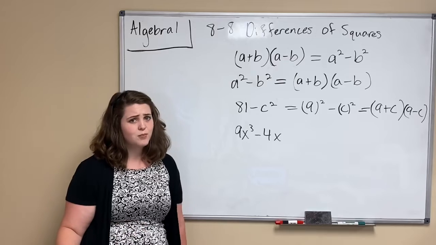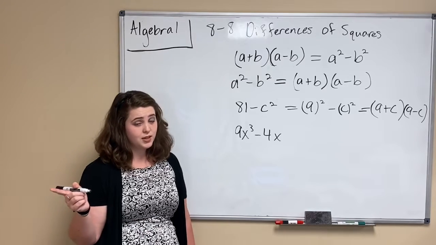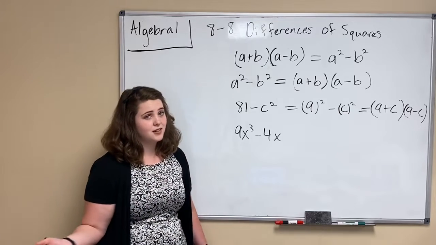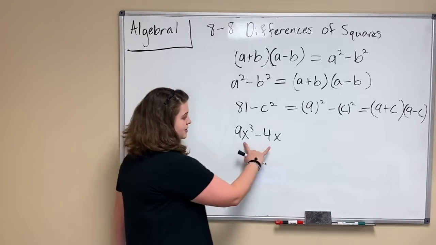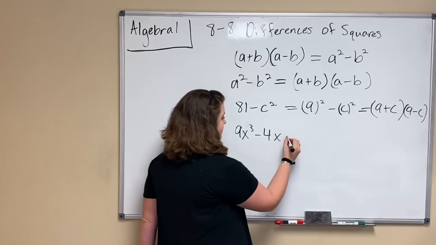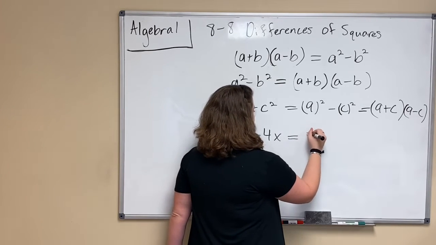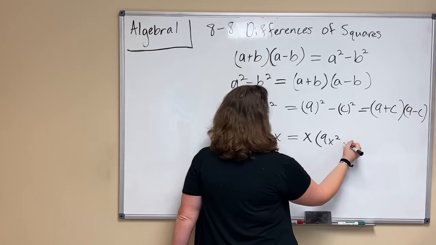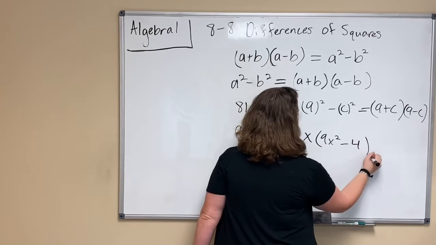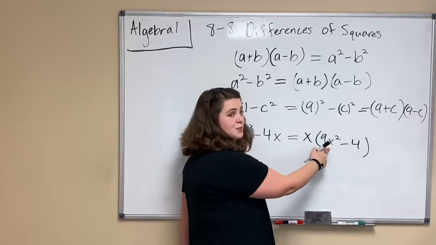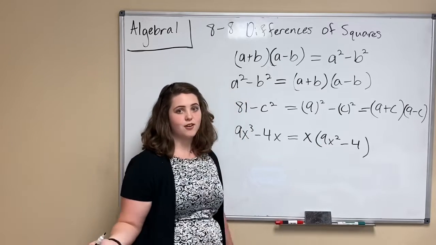But what I can do is say I have a greatest common factor that I can go ahead and pull out, and in this case, that's 1x. So I can rewrite this problem as x times 9x squared minus 4, and now 9x squared is a perfect square, and so is 4.